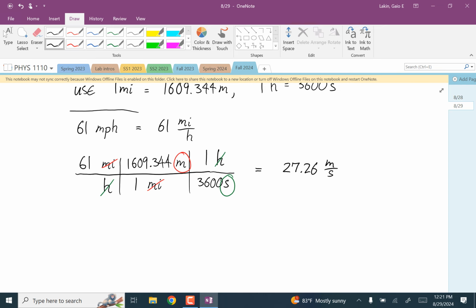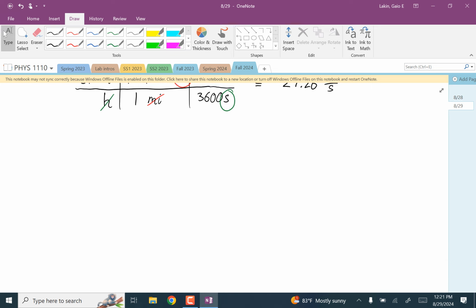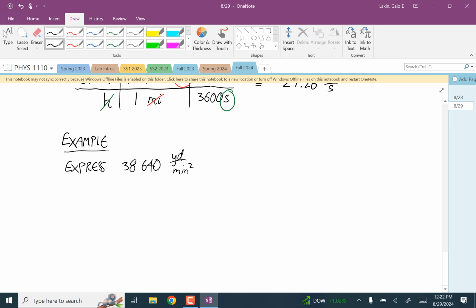Any other questions about that example? Okay, so now let's do one where we're going to have a squared unit. So now we want to express 38,640 yards per minute squared in units of meters per second squared.